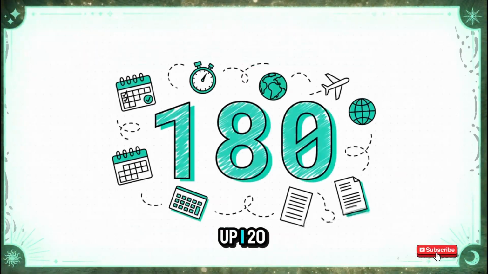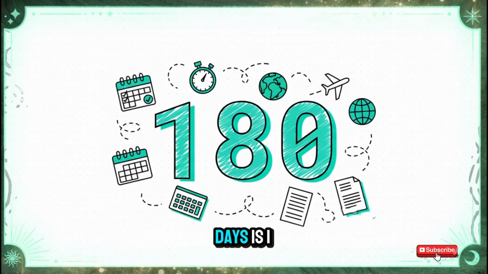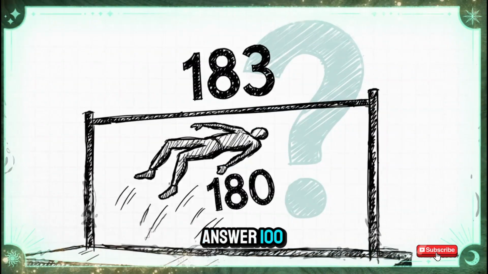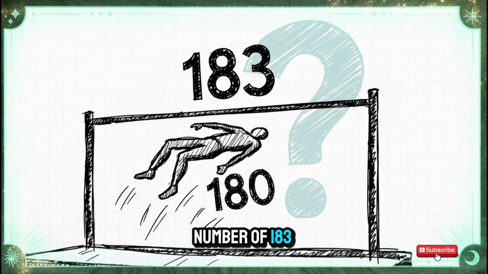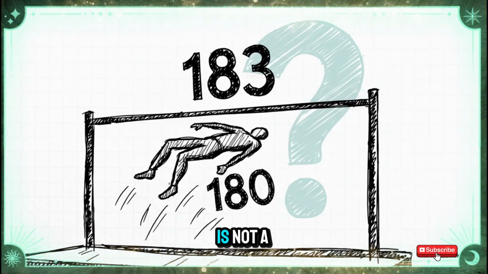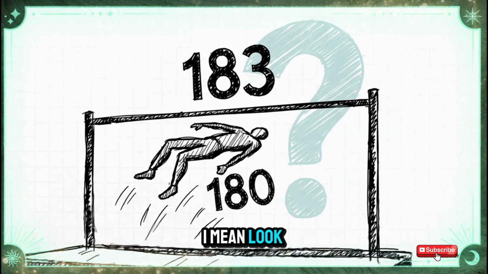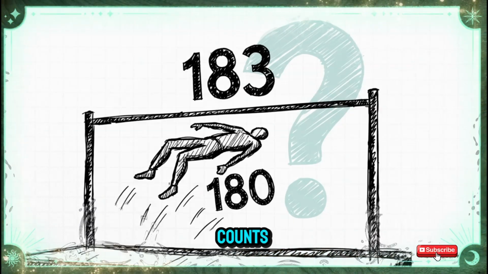You add those up, 120 plus 40 plus 20, and the total number of testing days is 180. And there's our answer. 180 is less than the magic number of 183. So this person is not a US tax resident for 2024. Look how close that is. It really makes it seem like every single day counts.